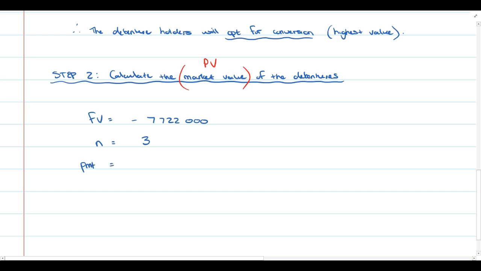Then for the next 3 years, the company is still going to have to pay interest on these debentures. So we have debentures with a par value of 10 million Rand, and the company pays interest on these debentures at a rate of 15%. And remember, that must just be after tax.